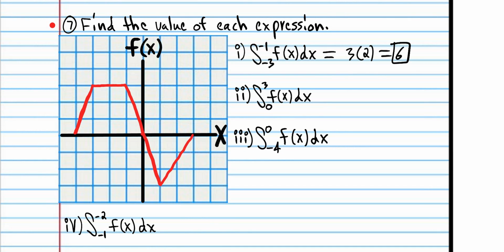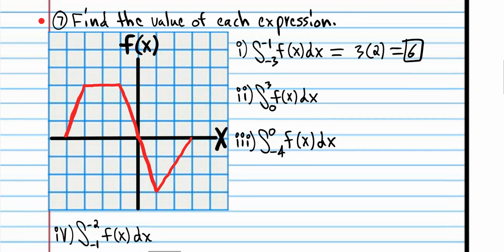Okay, so now we're going to find the area between the graph of f and the x-axis from 0 to 3. But that's actually this area here, which is below the x-axis. And because we're moving from left to right, we know that area is going to be negative.